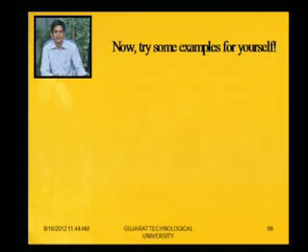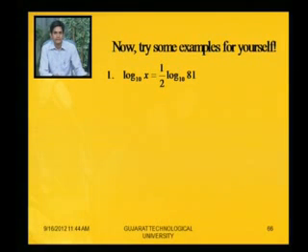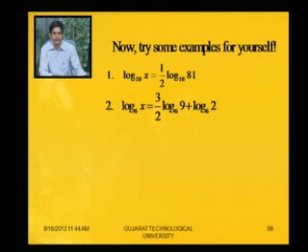Now try some examples for yourself. Log base 10 of x equal to 1 by 2 log base 10 of 81. Second example is log base 6 of x equal to 3 by 2 log base 6 of 9 plus log base 6 of 2.